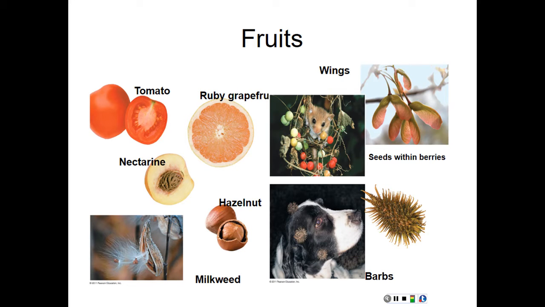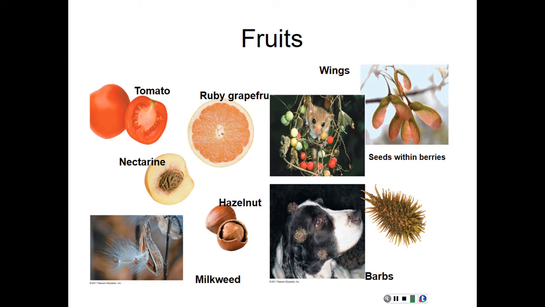Okay, so let's talk a little bit about fruits. When fertilization occurs, it's going to trigger hormonal changes that will stimulate the ovary tissues to transform into fruit tissues. So what is a fruit?